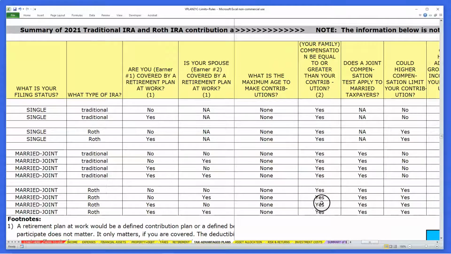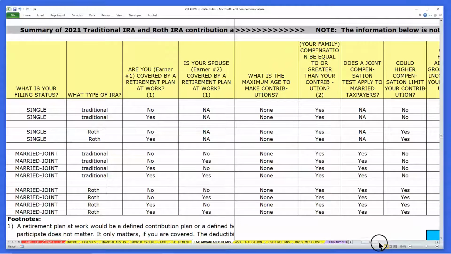And the answer is yes. You have to have at least enough earned income. Does a joint compensation test apply for married taxpayers? Again, that is yes. So if both are over age 50 and both want to make a $7,000 contribution, the family earned income has to be at least $14,000.